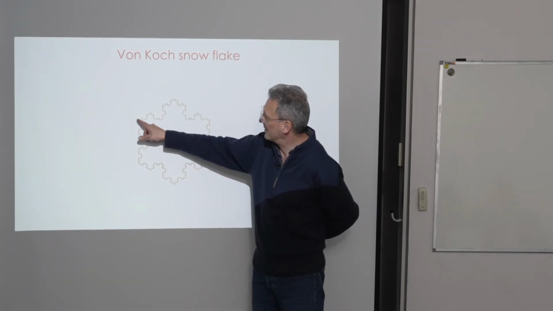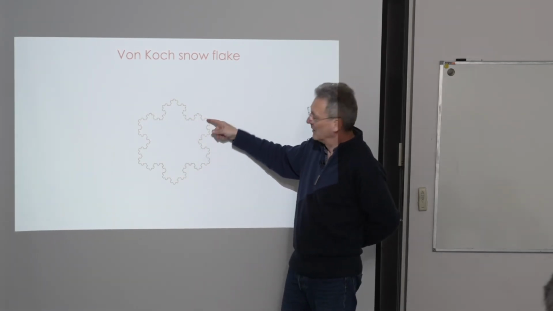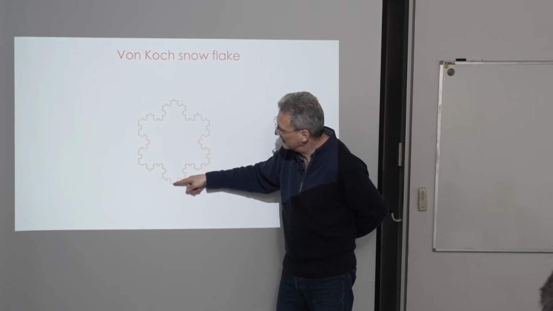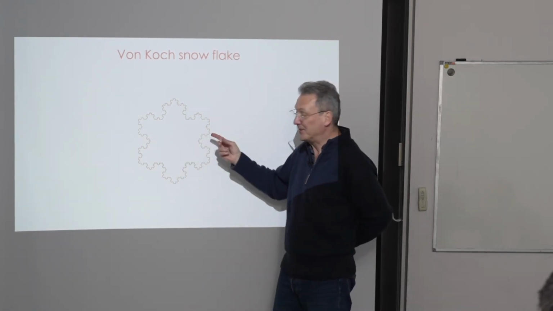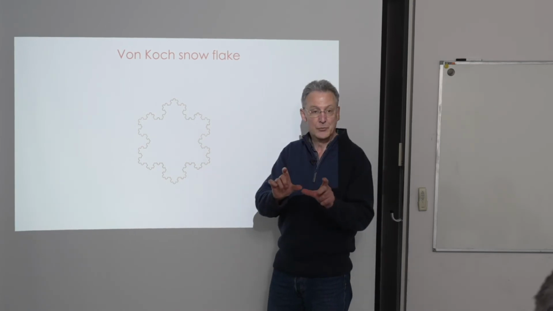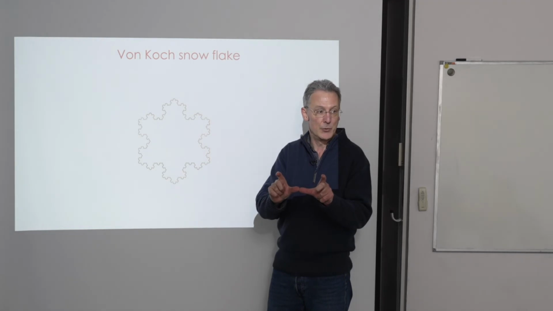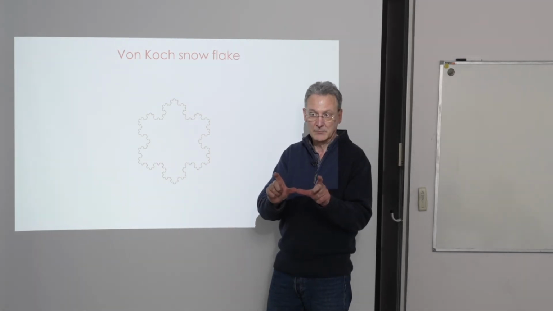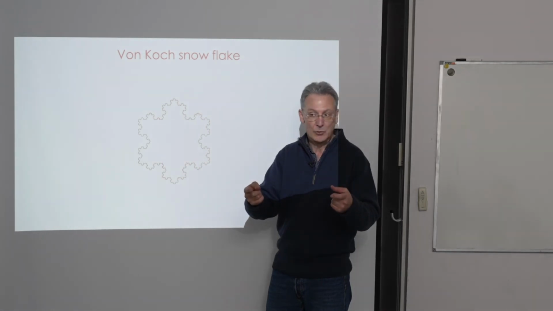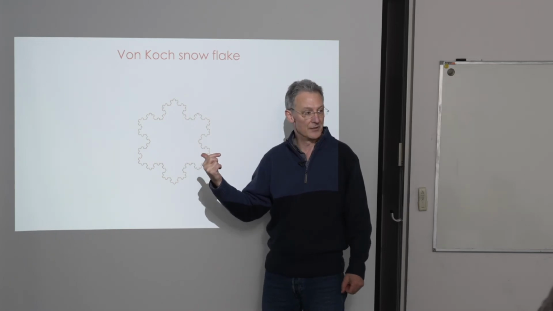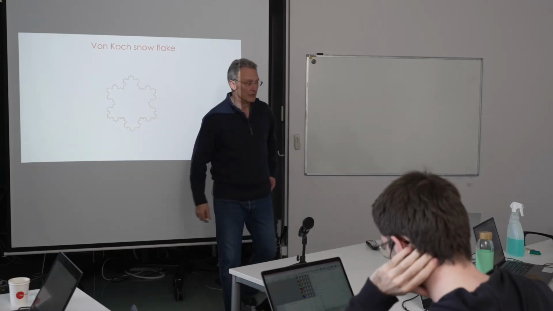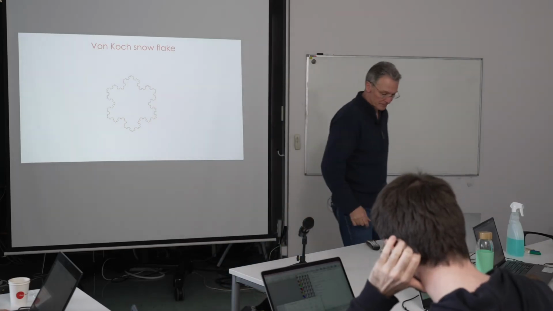I have it 3 times. 1 time here, 1 time here, and 1 time here. So in order to get this in the end, I just need to compose in the beginning an axiom made of an equilateral triangle. Okay, and then I will apply the rule to this equilateral triangle, and this will give this snowflake, the von Koch snowflake.